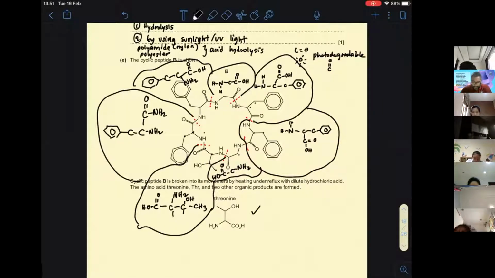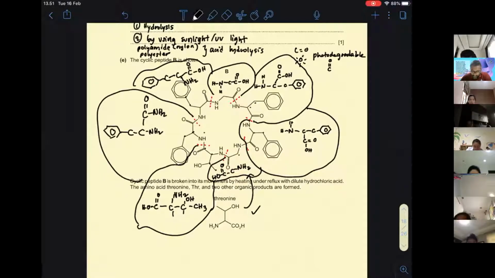If you look at threonine, this structure is the same as this structure, and you are looking for two other groups. When I see the groups that I circled over here, if this is number 1, this is the same as this, and the same as this.